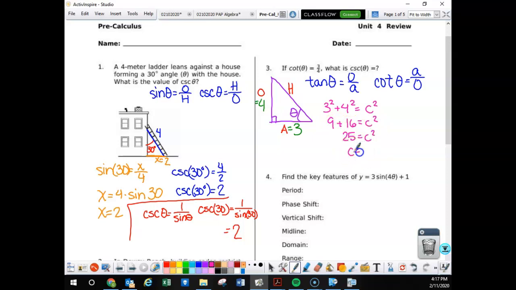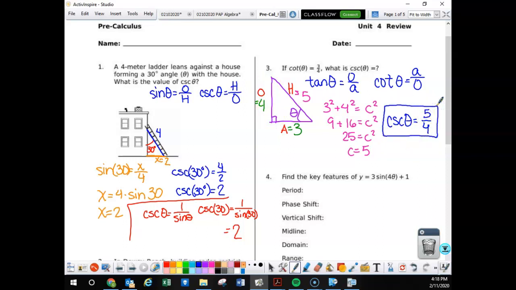And c is equal to 5 if you take the square roots of both sides. Okay, so the hypotenuse is 5. And so cosecant theta is hypotenuse over opposite. So cosecant theta is going to be equal to 5 over 4. So 5 over 4 is your answer.